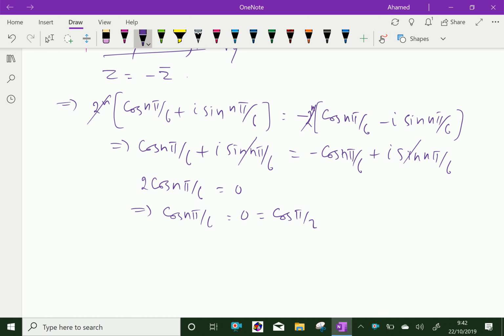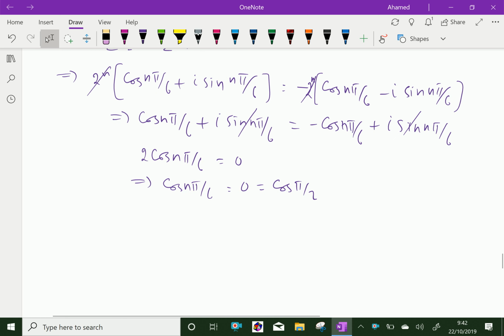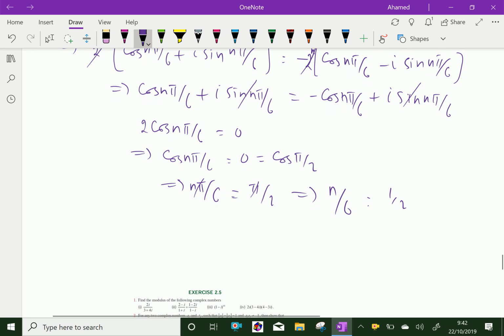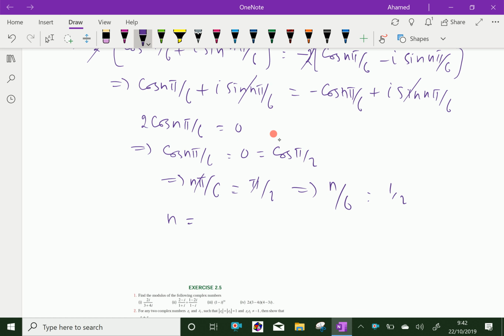Instead of 0, we are writing cos(π/2). Therefore, removing cos on both sides, we get nπ/6 equal π/2. So π cancels on both sides, which gives n/6 equal 1/2. Therefore n equal to 6/2, that is 3.